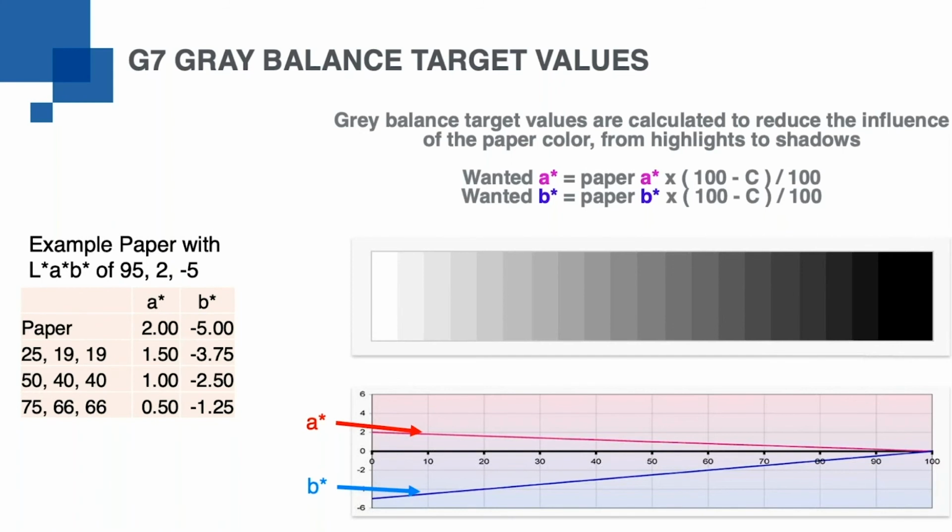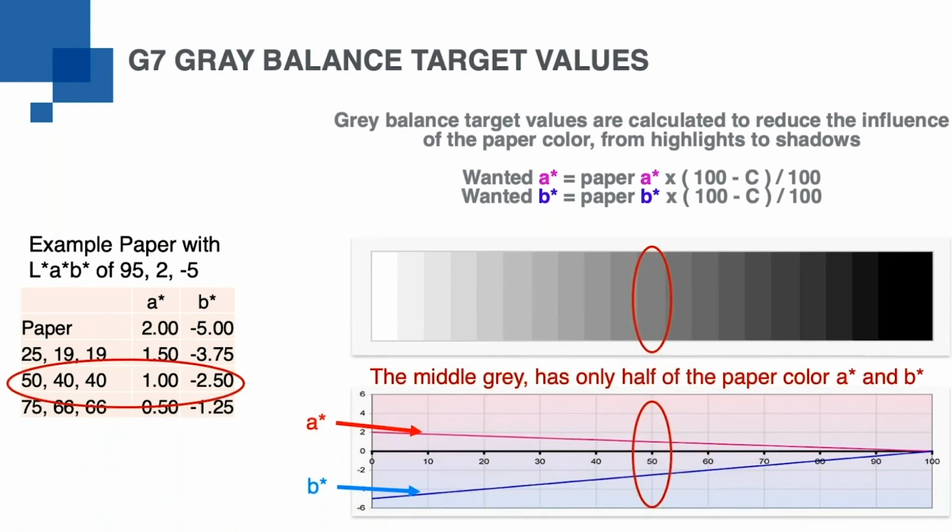In this example of a paper with an LAB value of 95, 2, and -5, we can see that the values of the A and B are reduced, moving closer and closer to neutral, going from the paper color of 2 and -5 down to the 3/4 area where we're looking at much smaller numbers of 0.5 and -1.25.